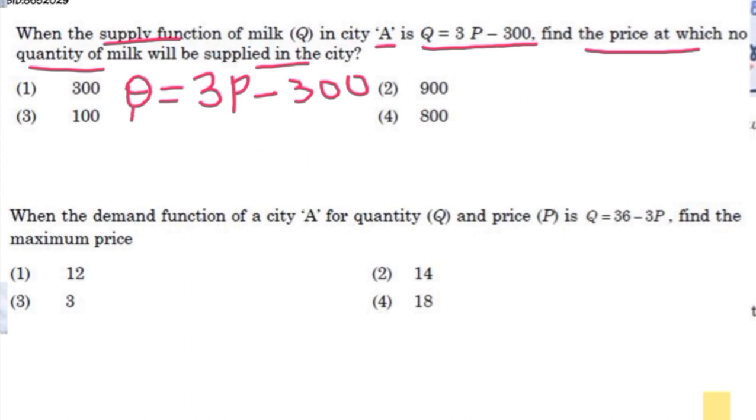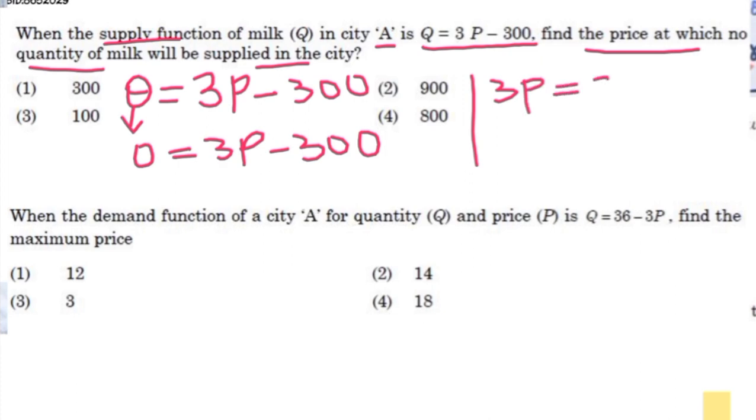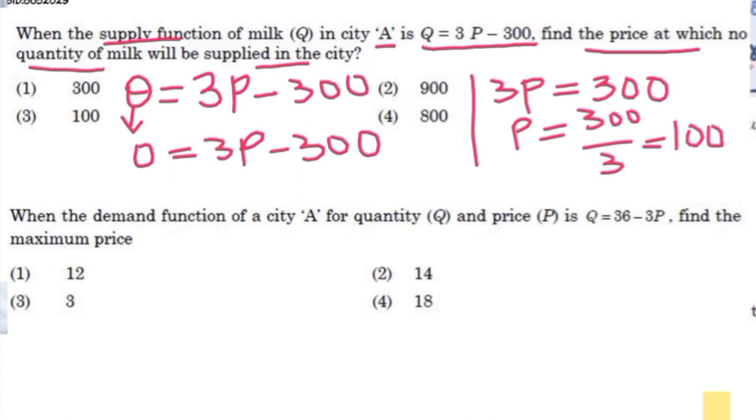So in place of Q, we will have 0. 0 should be equal to 3p minus 300. Solving this, 3p will be equal to plus 300 when we transpose it. So p will be equal to 300 upon 3, which gives us the price of 100 when quantity supplied will be equal to 0, or no quantity is supplied. So the correct option should be 100.